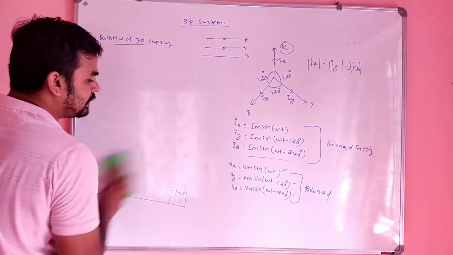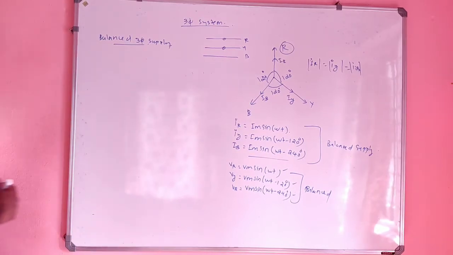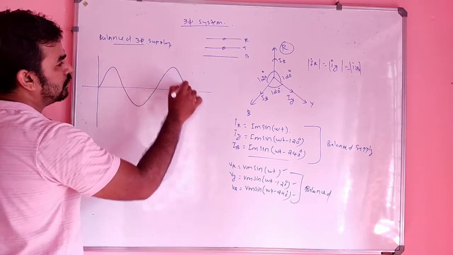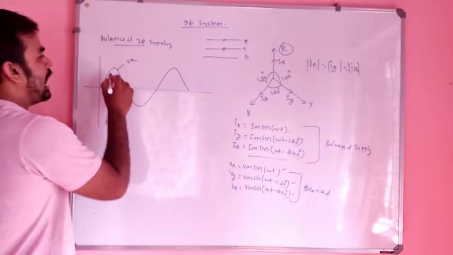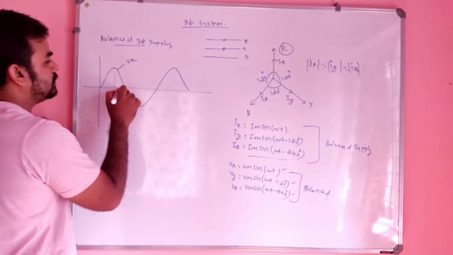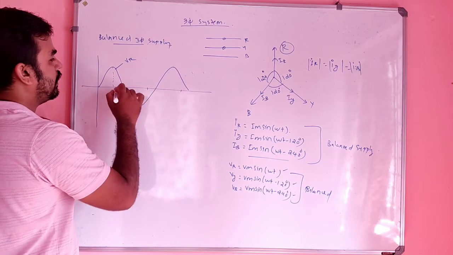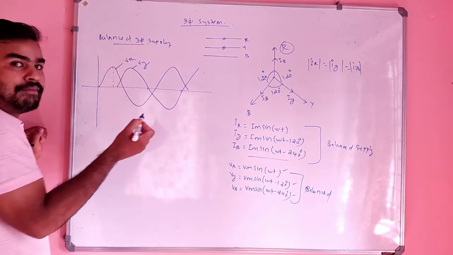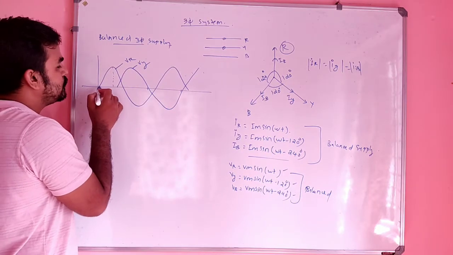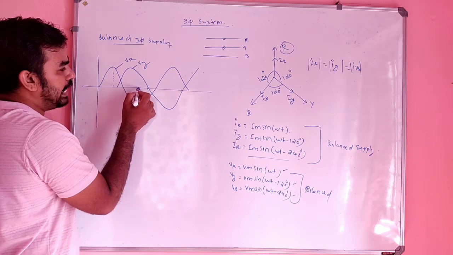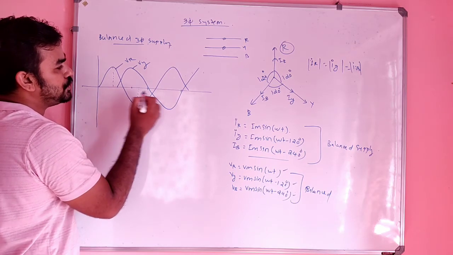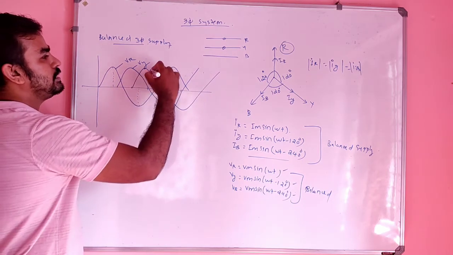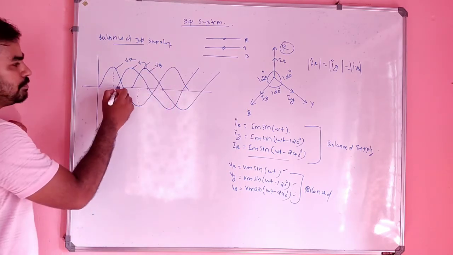That means if you are trying to draw the three phases in a graph, suppose this is the R phase, let it be VR, and after 120 degrees another phase emerges, so I can say that this is Vy, and again after 240 degrees another wave is emerging, this is Vb.